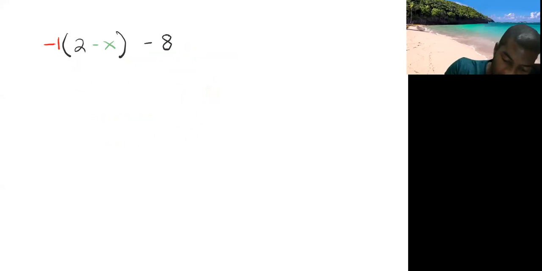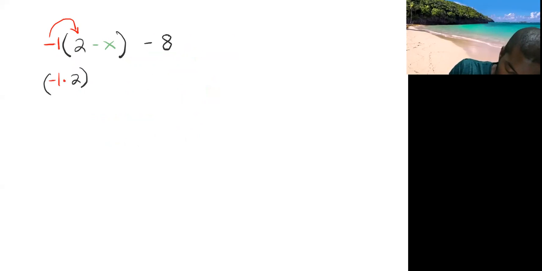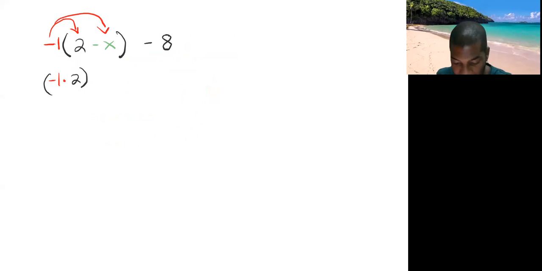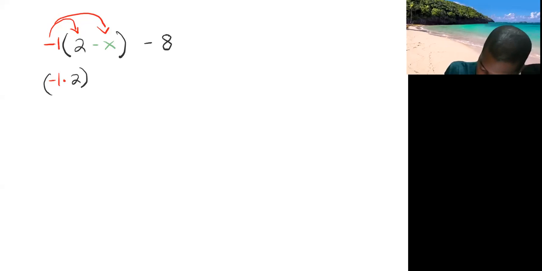And so you can say, all right, -1 using the distributive property times 2 is -1 times 2. Then you could say -1 times negative x. A negative times a negative is a positive, so it's going to be positive x.